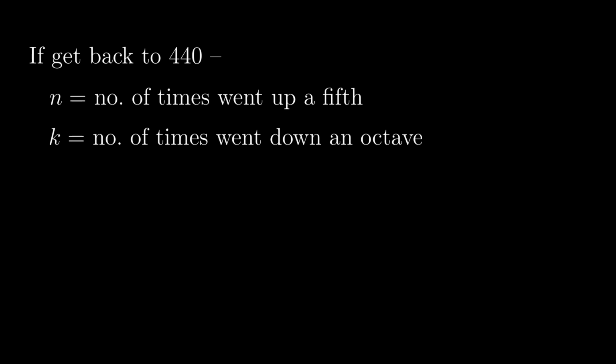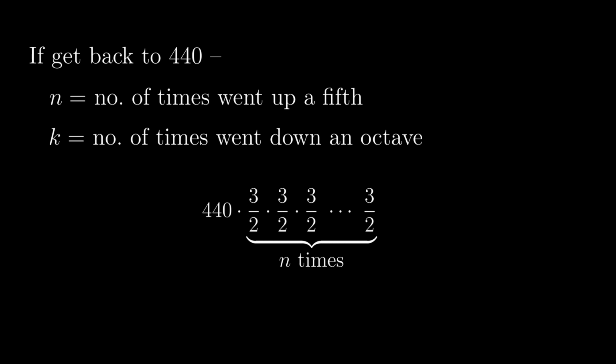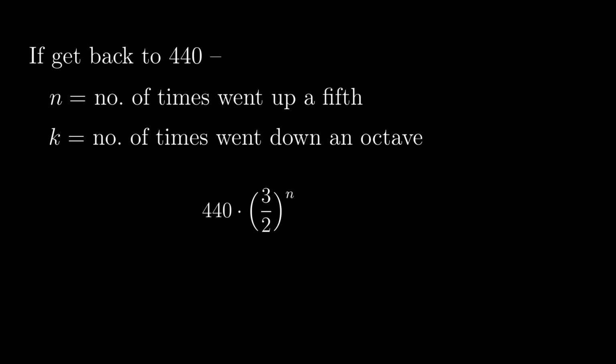And there was also some number of times, let's call it k, in which we went down an octave. Starting from 440, going up n fifths means multiplying 440 by 3 halves n times, which is multiplying it by 3 halves to the nth power. And going down k octaves means multiplying this by 1/2 to the kth, and that supposedly takes us back to 440.